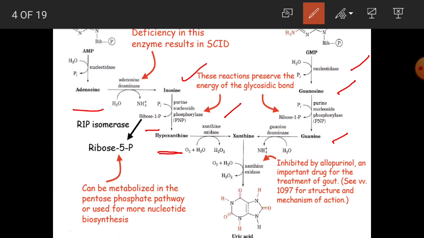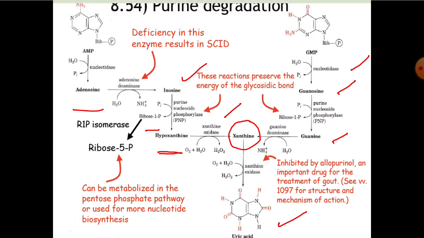So finally we come to this molecule xanthine, where again xanthine oxidase will act upon it and we get uric acid. So this is the final product of both AMP as well as GMP. So is the pathway for the deoxyribonucleotides.